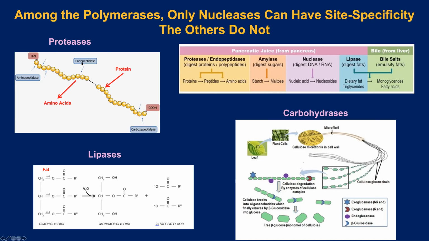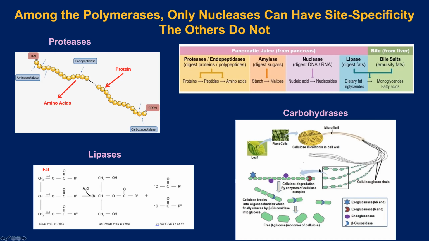Then the endopeptidases, which make cuts in the middle of a protein. But in all cases, the protein ends up as individual amino acids, and there's no specificity here. Lipases, similarly, you start with a fat and you end up with free fatty acids. No specificity in the target sites for digestion.